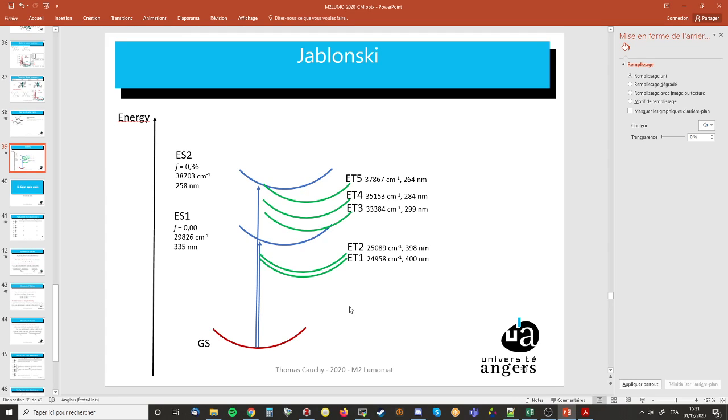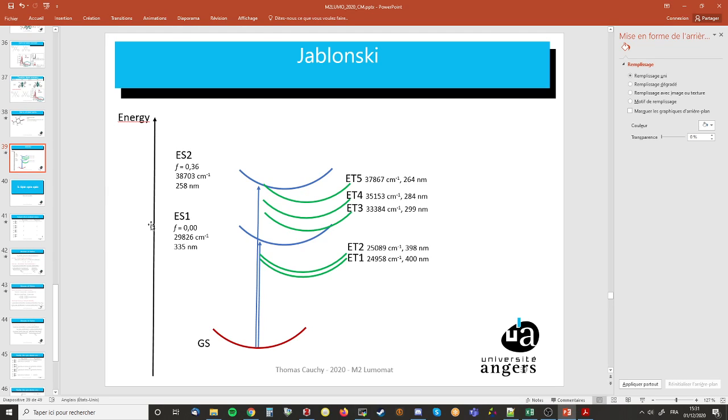We can say if electronically you can have a transition. Okay, so the oscillator strength, for example, here is 0. That does not mean that you will have a vibrational energy relaxation. This is the electronic relaxation. That means that you absorb light or you emit light.